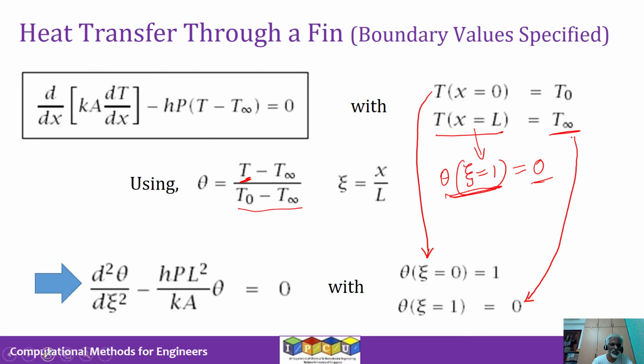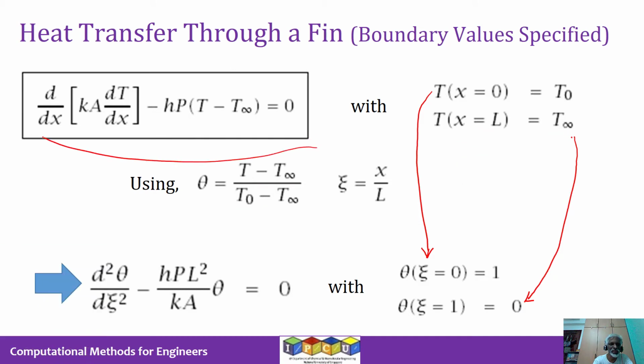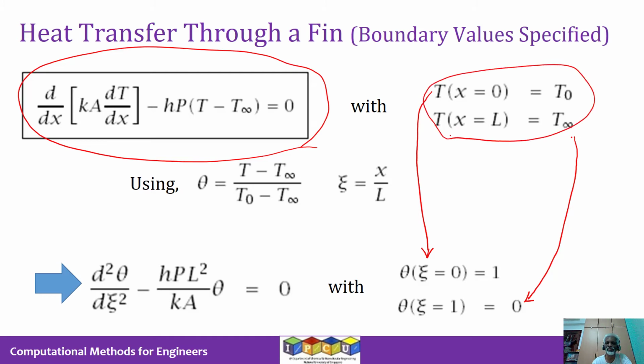So what we are trying to say overall is, for this problem, we started with this as the governing differential equation, which captures the mechanism of conduction and convection. And to solve this problem, these were the two associated conditions. The temperature at the base of the fin was specified to be T naught.